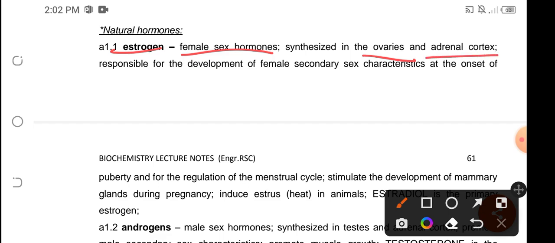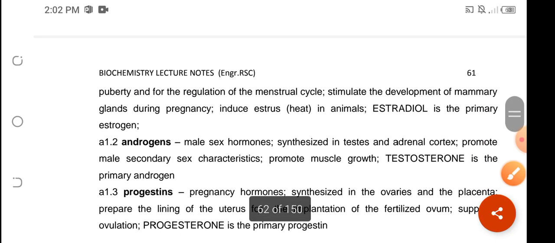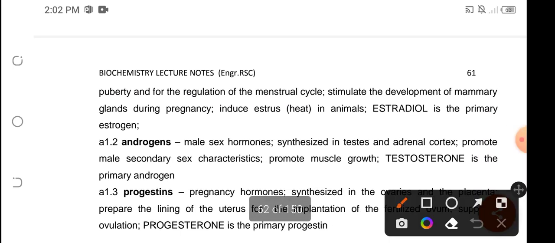They are the ones responsible for the development of the secondary sex characteristics at the onset of puberty, and aside from that, they also regulate the menstrual cycle. They also stimulate the development of the mammary glands during pregnancy.